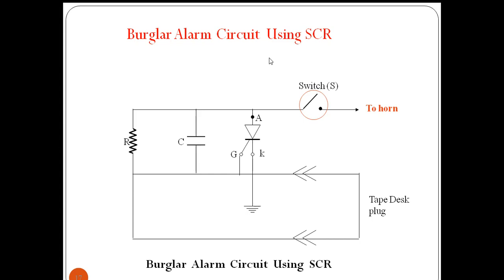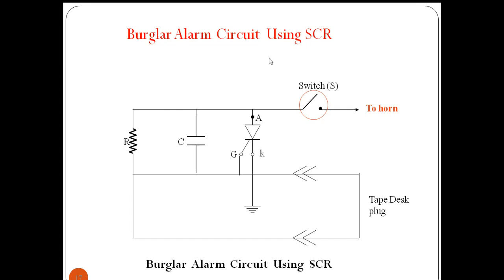So this is how the operation of the burglar alarm circuit works. Mainly this burglar alarm circuit will be used for protecting a car tape deck from theft. The switch S is located at some concealed point in the car and it is kept closed. Since the gate is grounded through the tape deck, the SCR is in off condition and the horn is silent.